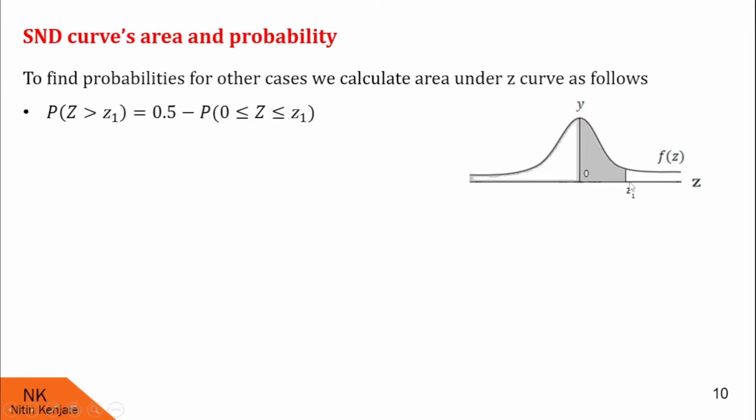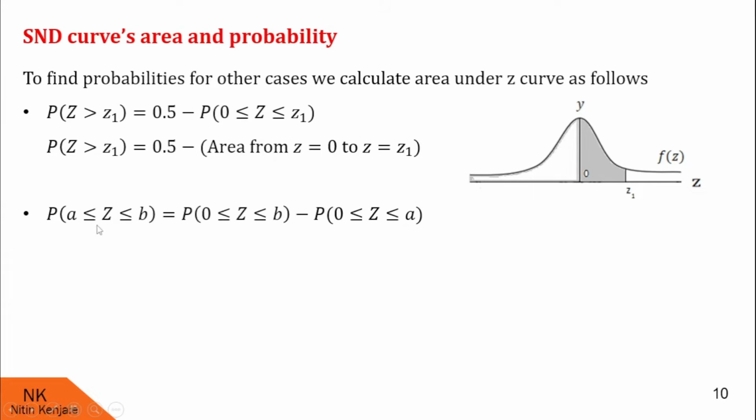It is easy to calculate this area by simply subtracting the area from z equal to 0 to z1 from 0.5, because the area from z equal to 0 to z equal to infinity is 0.5. So 0.5 minus this shaded part is the area from z equal to z1 to infinity. So we write probability of z greater than z1 is equal to 0.5 minus the area from z equal to 0 to z equal to z1.